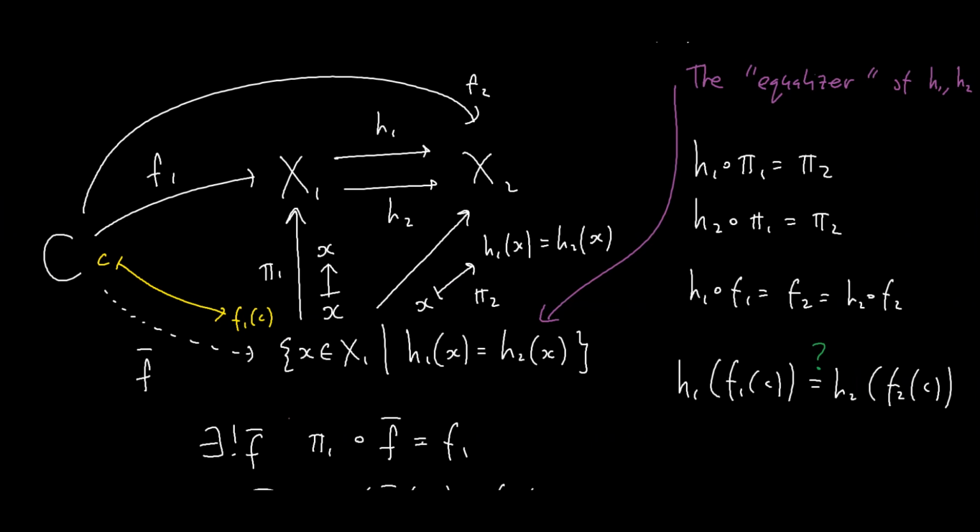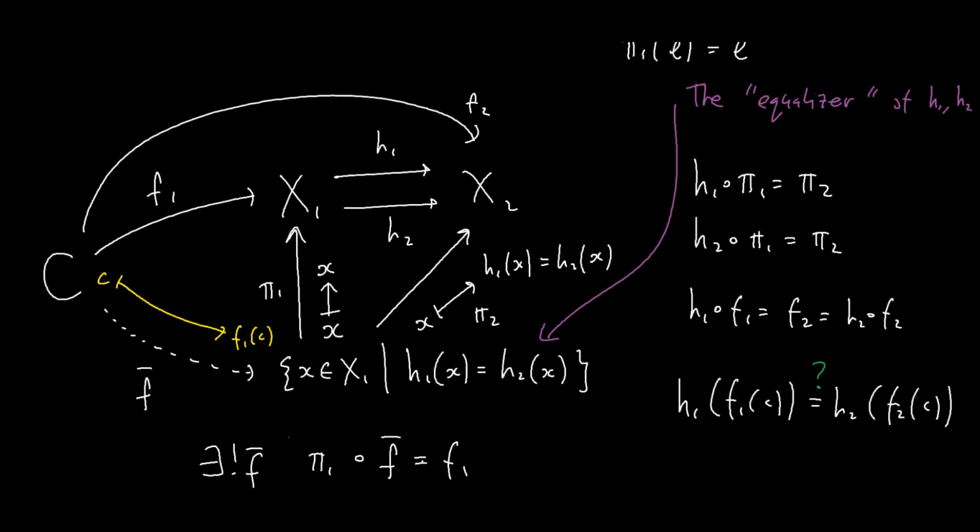A very important equalizer is when you, I mean, I'm not talking about why Cartesian products are important. We all know that. But equalizers are also important. And one example where they're important is when H1 and H2 are the same function.